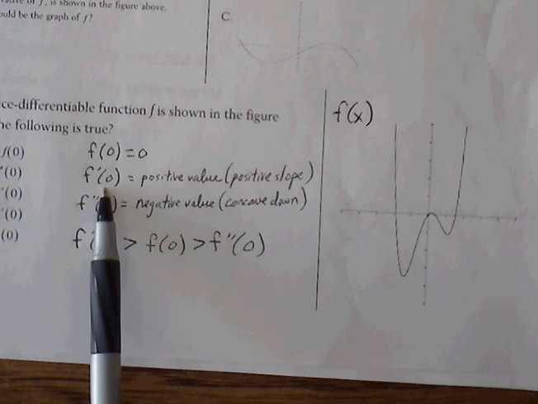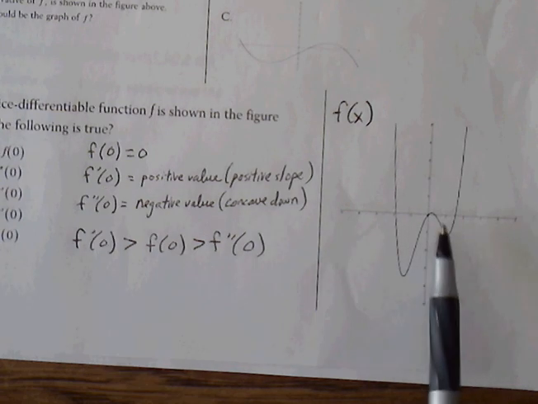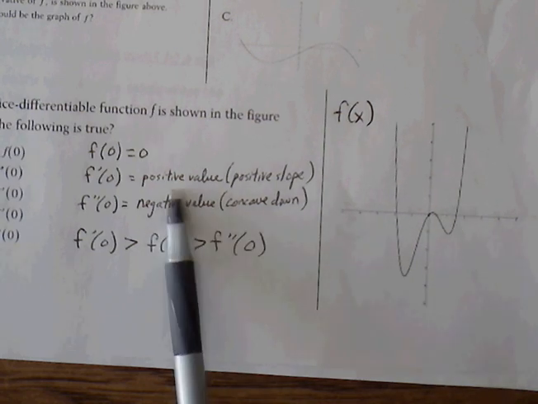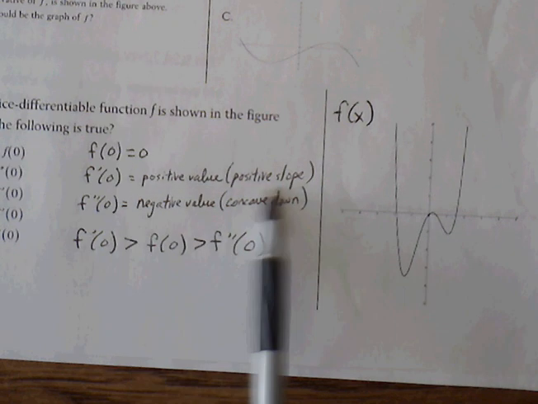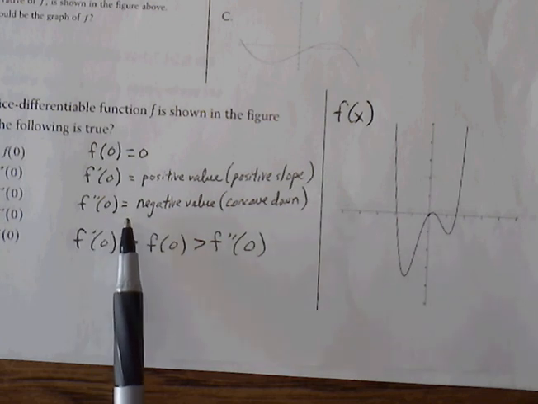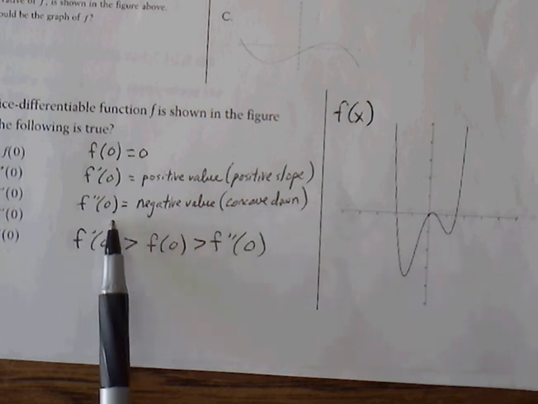f prime of 0 is asking for what is the slope at 0. So you see that at 0, this graph is still rising. So this is a positive slope. So we're expecting a positive value at f prime of 0. Okay, f double prime of 0 is asking about concavity, right? Concave up means positive value. Concave down means negative value.